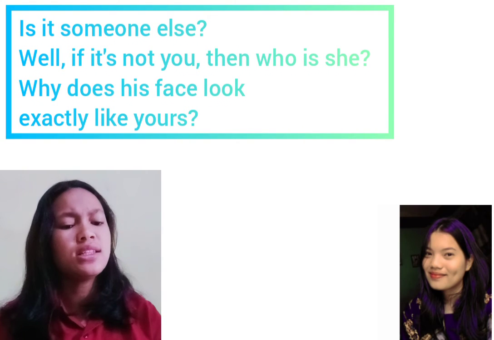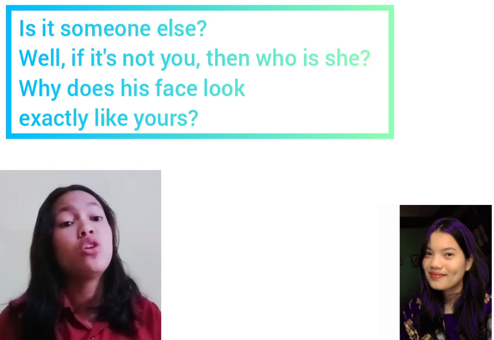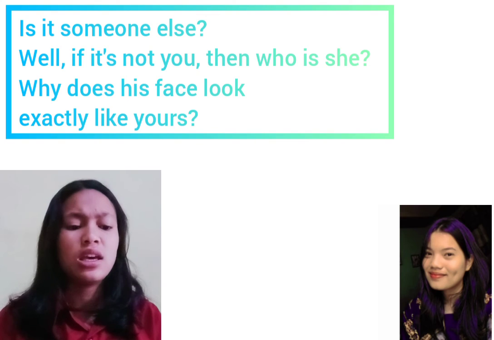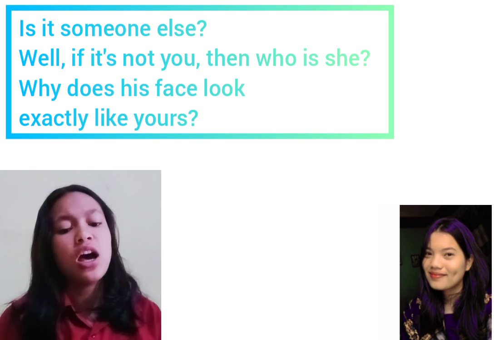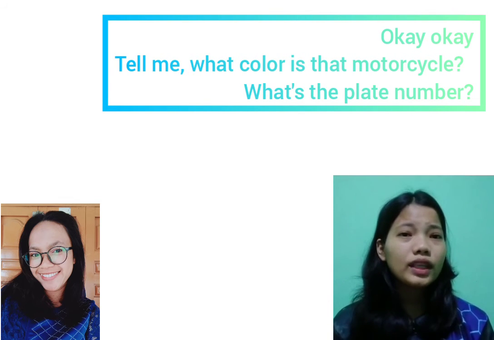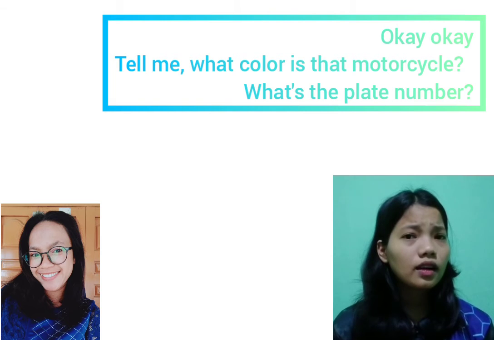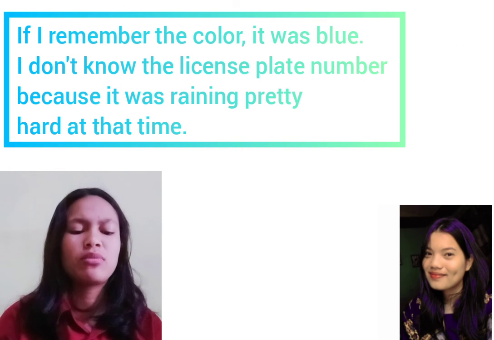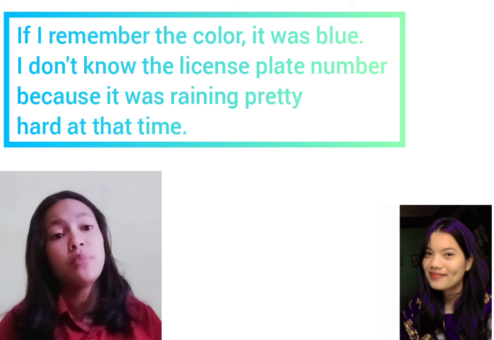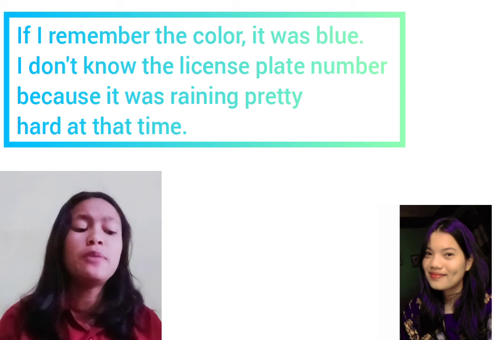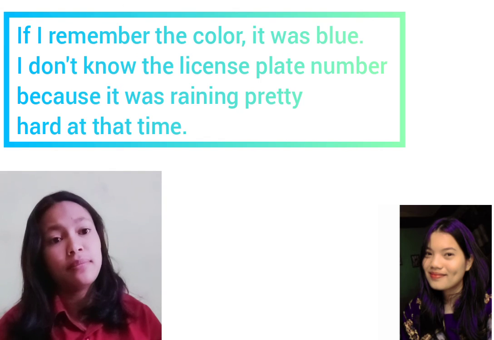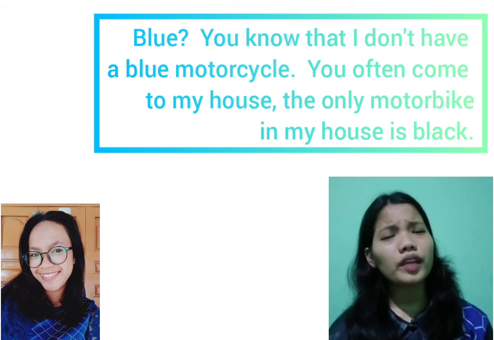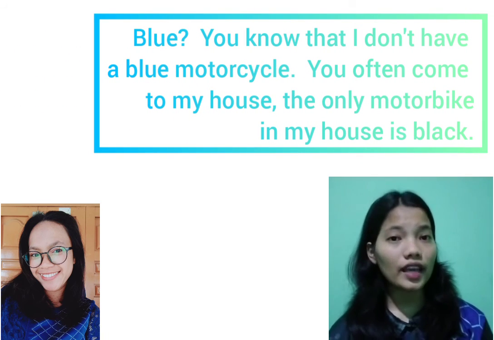Is it someone else? Well, if it's not you, then who is she? Why does her face look exactly like yours? Okay. Tell me, what color is that motorcycle? What's the plate number? If I remember the color, it was blue. I don't know the license plate number because it was raining pretty hard at the time. Blue? You know that I don't have a blue motorcycle.